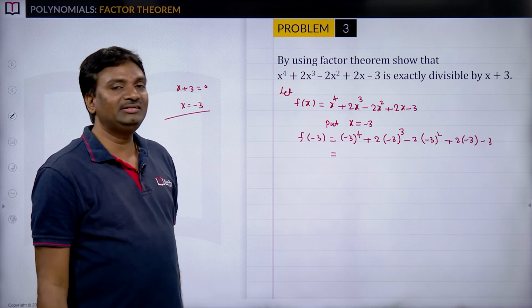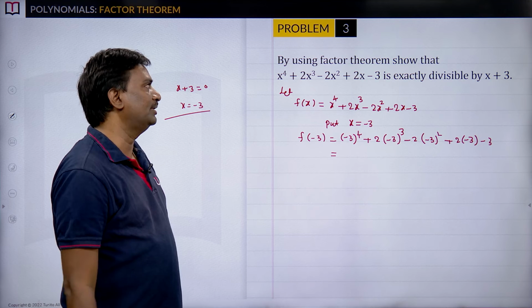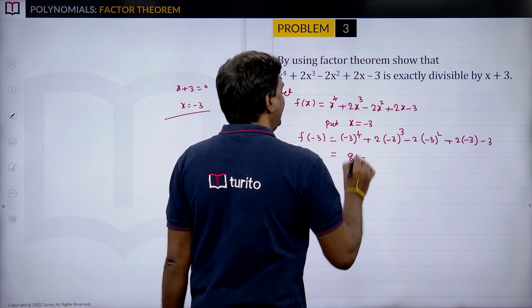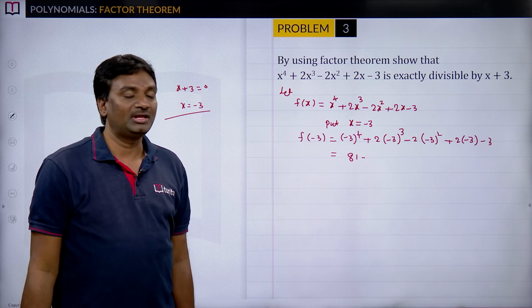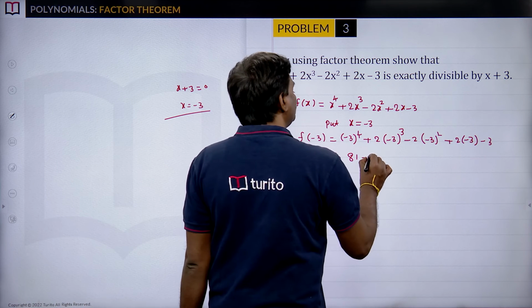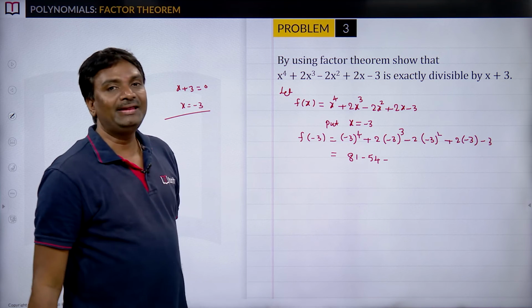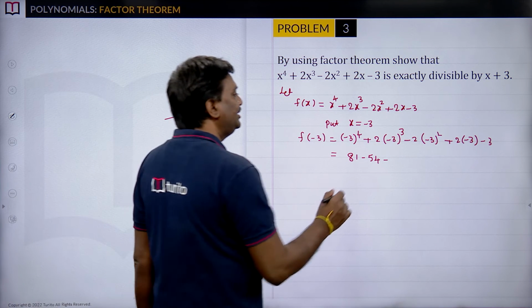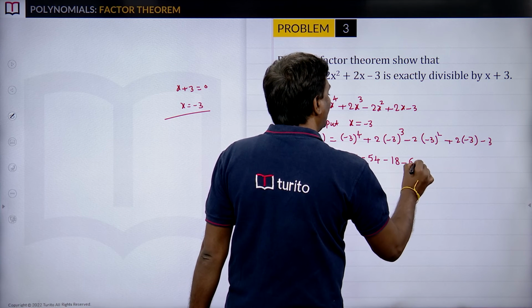Since the power is an even number, you will get plus, 3 power 4 is 81. So, plus 81 minus 2 into minus 27, minus 27 into 2, minus 54, minus (minus 3) whole square, minus 3 into minus 3 is plus 9, 9 into 2 is 18, 2 into minus 3 is minus 6.